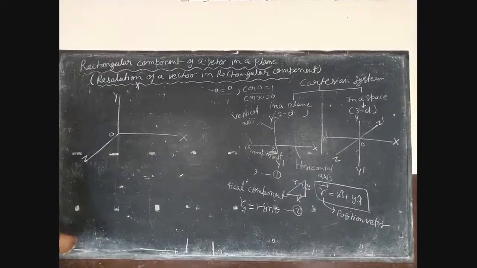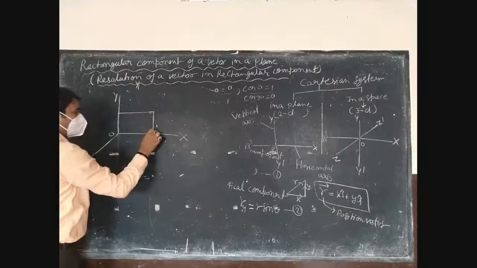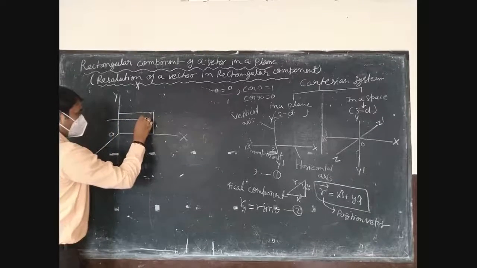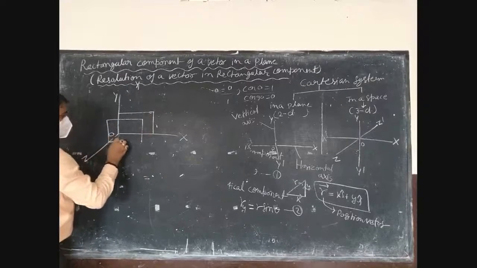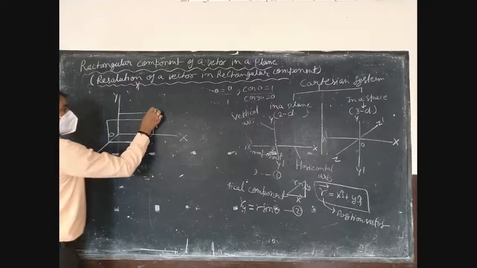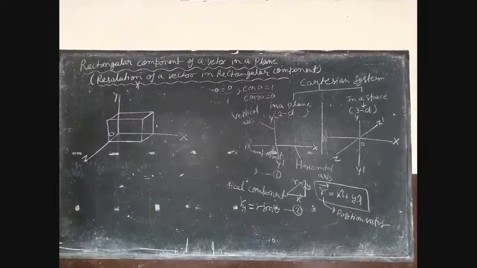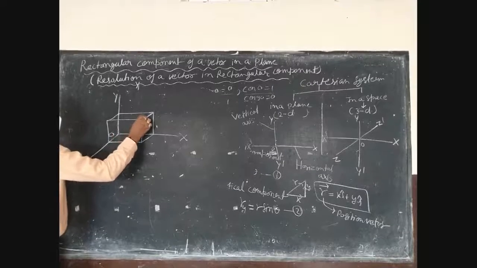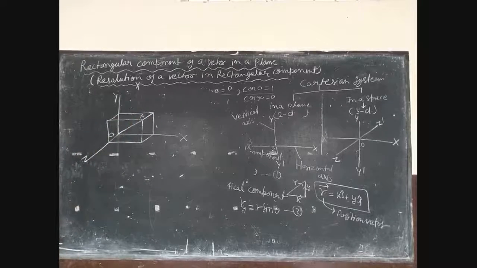Now form a cuboid. Here you will get a cuboid, and the vector is here at point P.